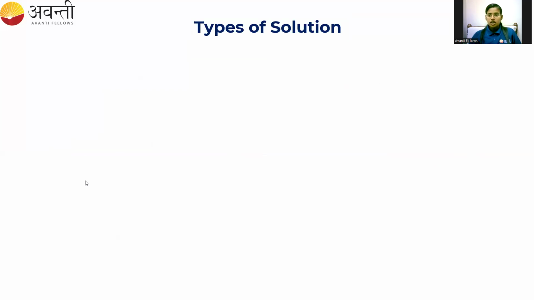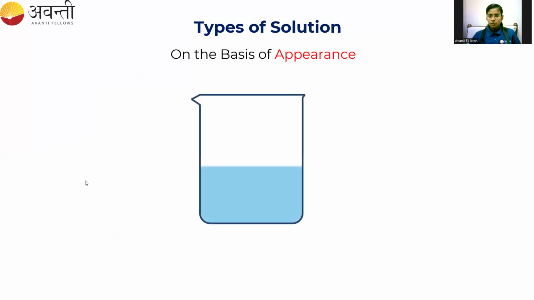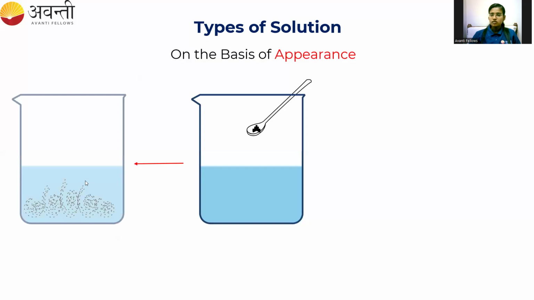First, let me go with the type of solution on the basis of appearance. I'm taking a beaker which has a solvent inside it. Now I am adding a solute to this solvent, and it may give a mixture like this. Is this a homogeneous mixture or a heterogeneous mixture?